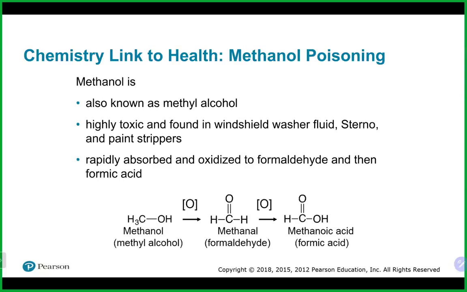So we talked a little bit about some of these. Again, methanol is known as methyl alcohol, used in paint strippers. Here we have our oxidation occurring, removing a hydrogen and giving us our aldehyde here.